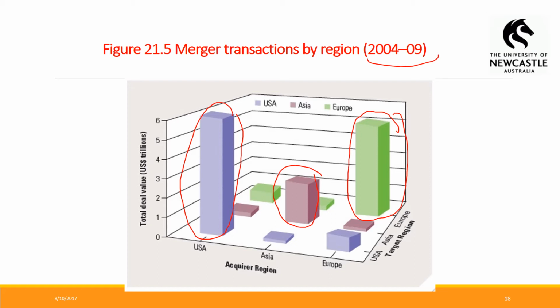The only difference here is we see an increase in M&A activities across all three different markets. So despite globalization, for some reason we still see acquirers preferring to acquire firms within their region only, right? This is what we call a home bias.